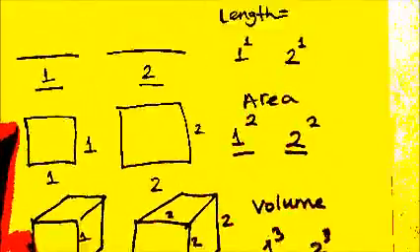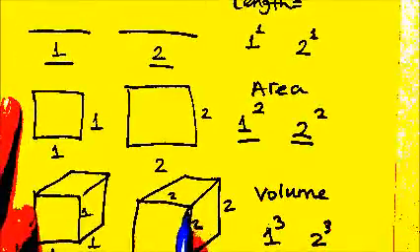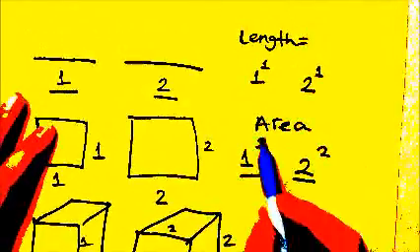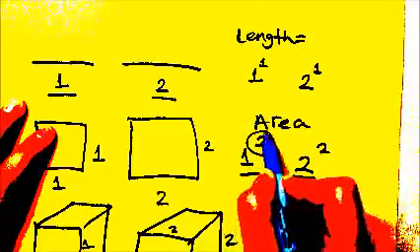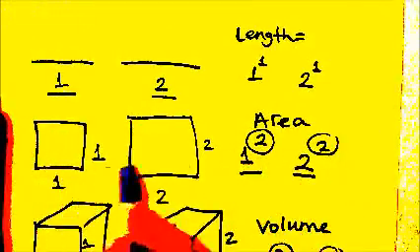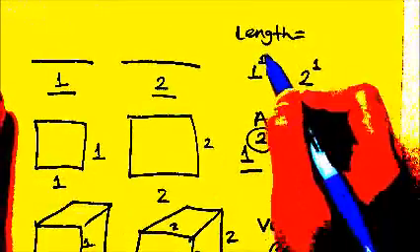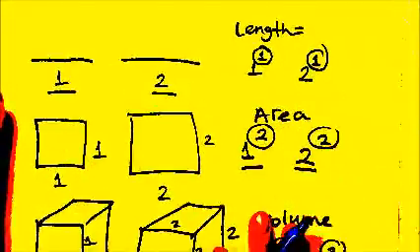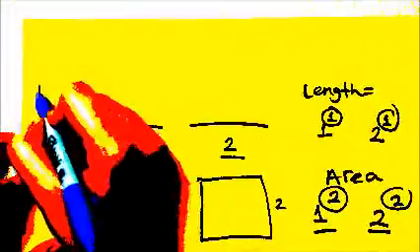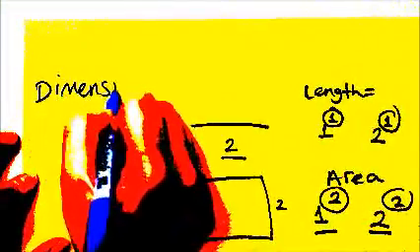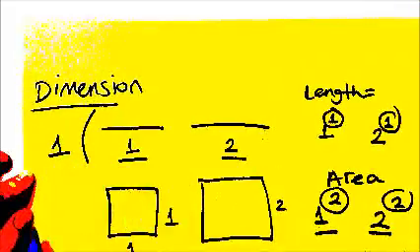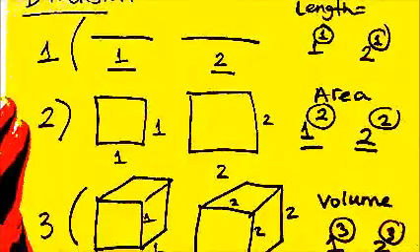Now, if you look at this, this is a three-dimensional figure, and the exponents here are 3. And then the area here, the exponents are 2, and this is a two-dimensional figure. And then here, this is a one-dimensional figure, and the exponents are 1. So we're going to say dimension: this is a 1, a 2, and a 3.